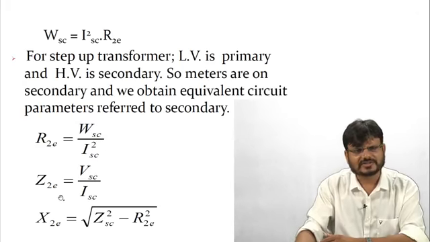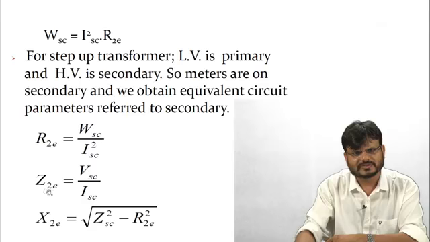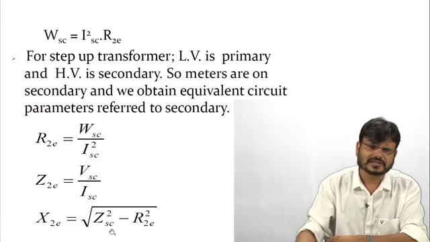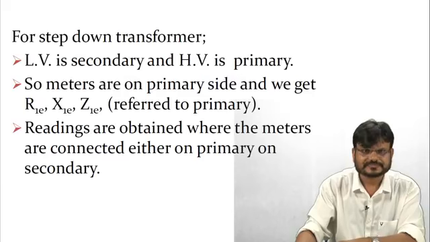Similarly Z2 is equal to the short circuit voltage divided by the short circuit current. So you have a value of the impedance and of the resistance, so you can easily calculate the reactance X2E. X2E can be written as under root Z square minus R square, and all these parameters are referred to the secondary side.